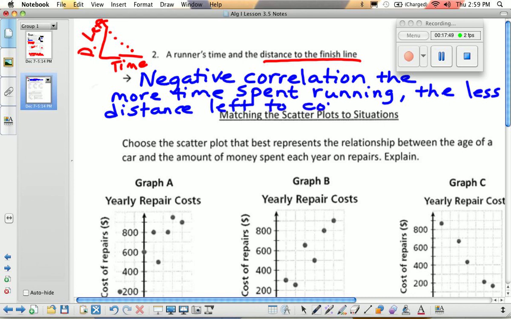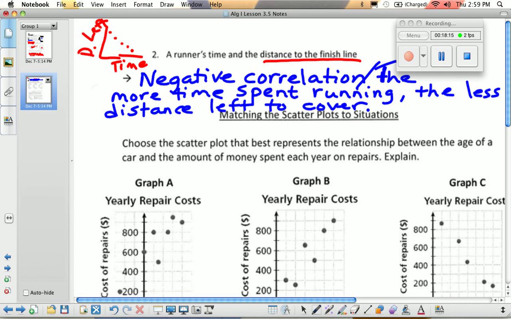It should be going down. So as the time is increasing, the amount of distance you have left to run should be decreasing. Thank goodness you never reach the finish line, huh? Here is where my sentence starts right here. The more time spent running, the less distance left to cover.